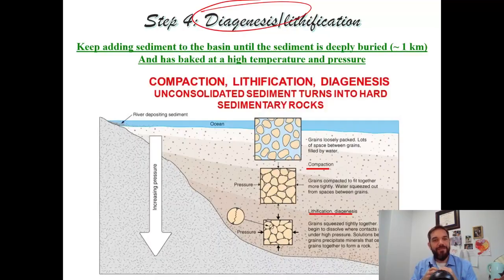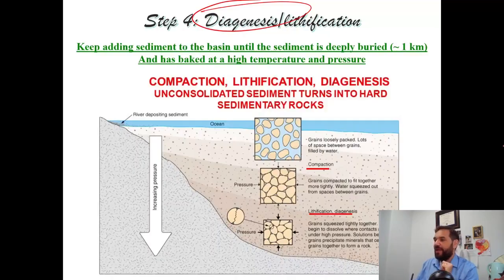It just means the collection of processes that turn sediment into a rock. So it's the processes that take the sediment and transform it into a rock, going from loose sediment to a solid, consolidated rock. How does that happen?